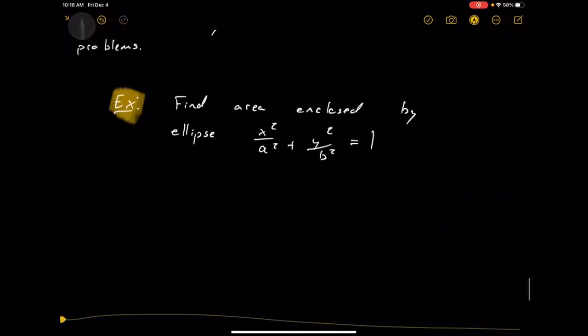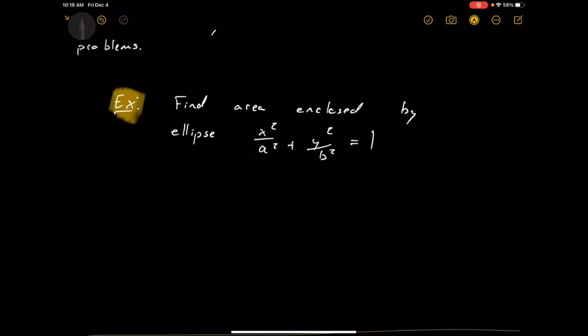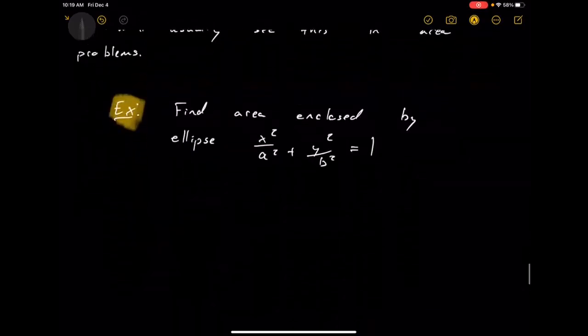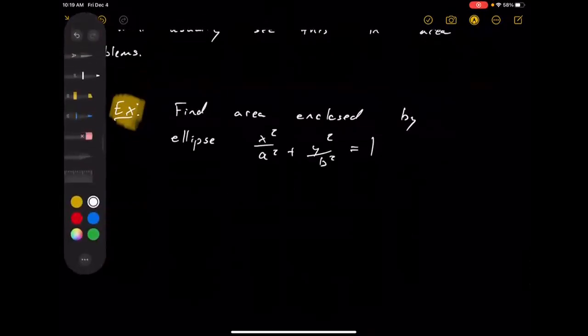I didn't even see any problems like this in the hard copy of the book. No, there are a couple, but the textbook seems to favor the other direction of problem, converting line integral to double integral, and I agree. That's a nicer direction. But let's look at this direction.